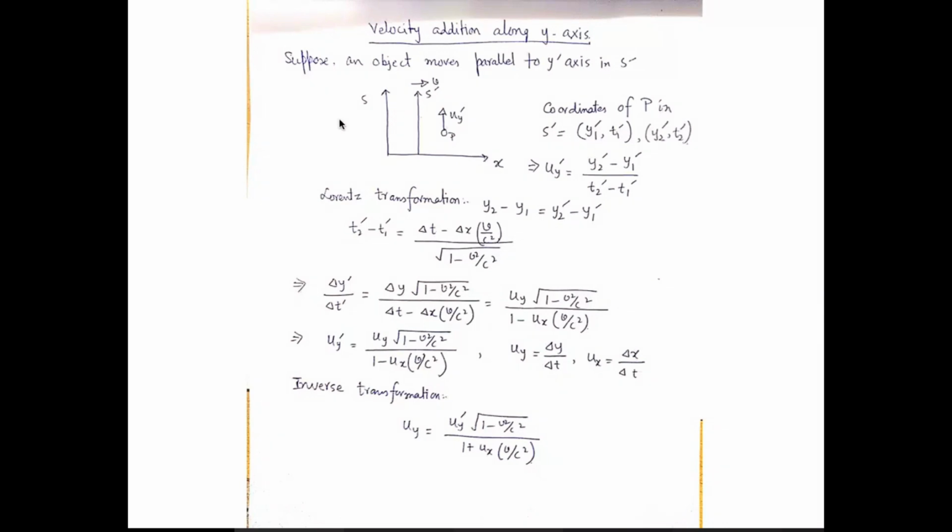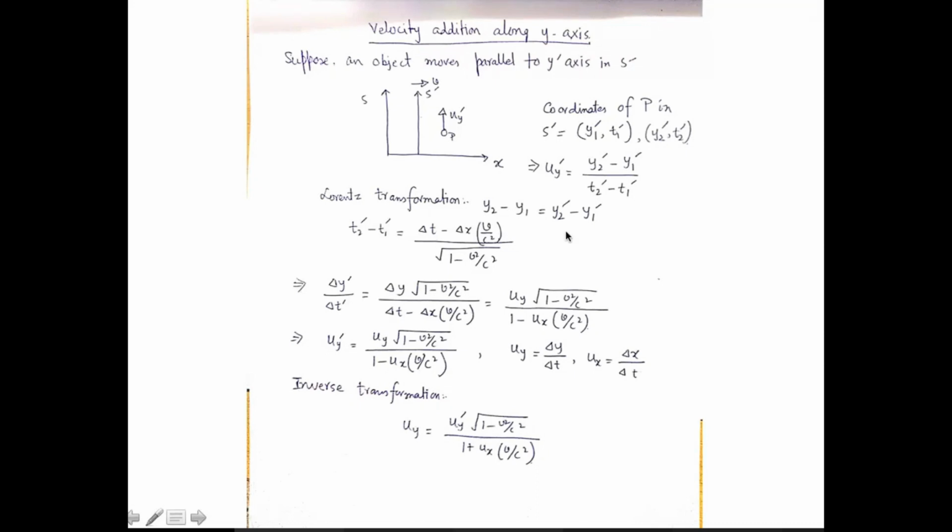According to the Lorentz transformation, since the relative motion of the two frames is along the x direction, not along the y direction, there is no change in y coordinates. However, there is a change in the time coordinates, and we know how it is related. Delta t is t2 minus t1. This t2 prime gets transferred to t2, and t1 prime to t1 in the S frame.